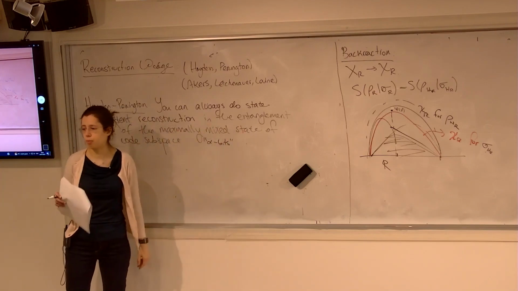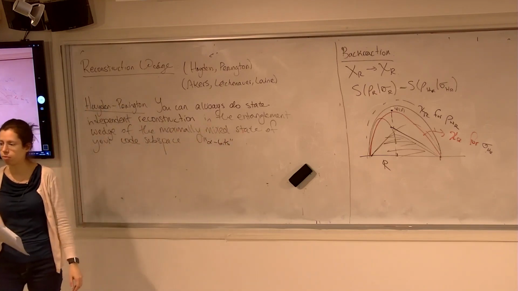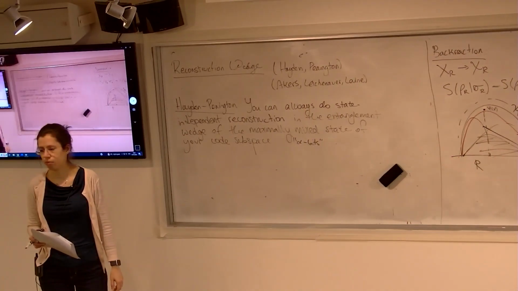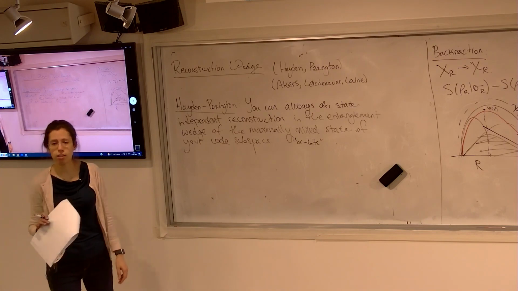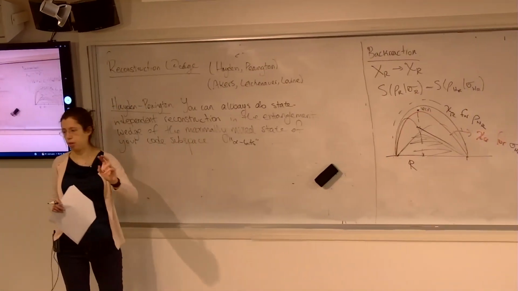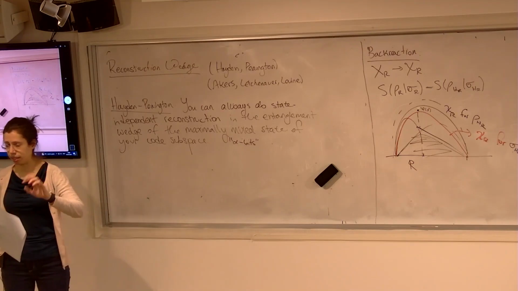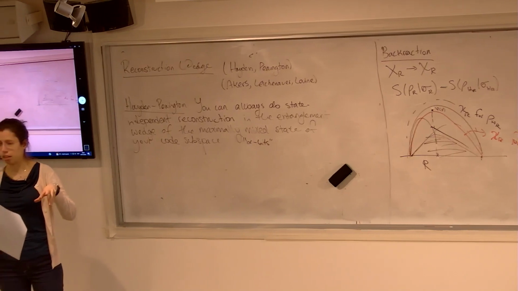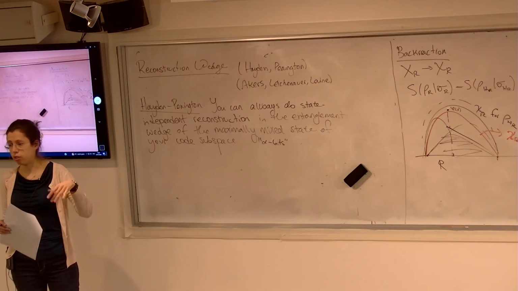So in this state, if they add another operator, the wedge will not shrink anymore? Within the code subspace, if you're only acting with an operator that stays within the code subspace, then the entanglement wedge is not going to shrink further. You're not guaranteed that it's not going to grow a little bit. It could grow, but it's not going to shrink further.